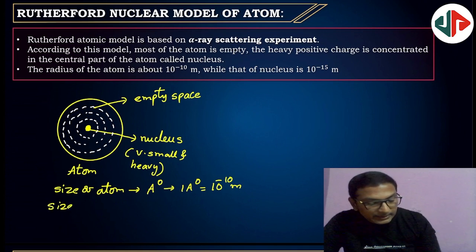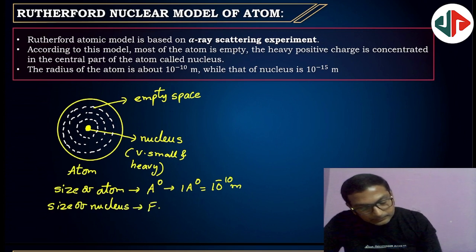Size of nucleus will be in the order of Fermi units. That means 1 Fermi equal to 10 power minus 15 meters.